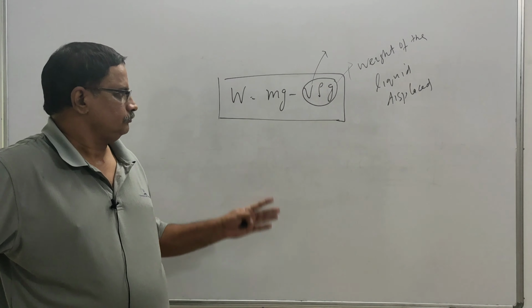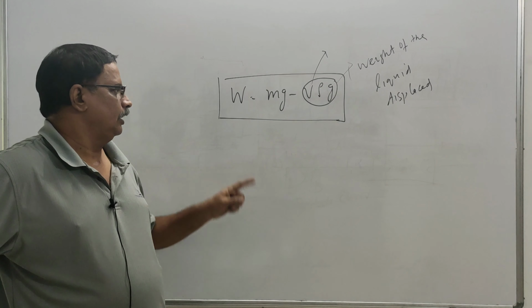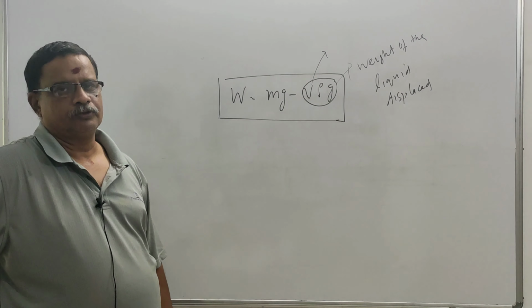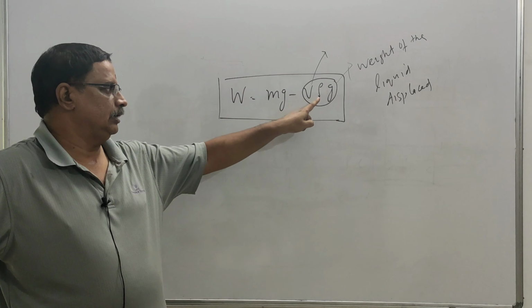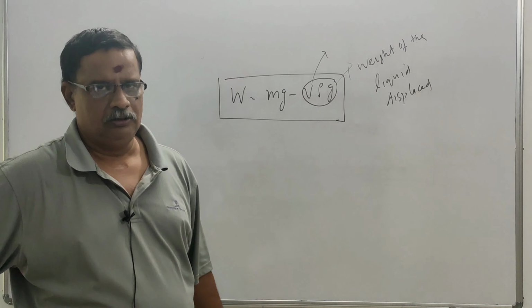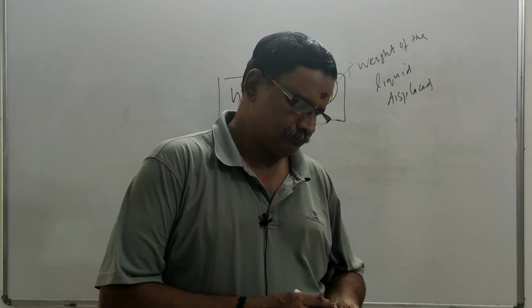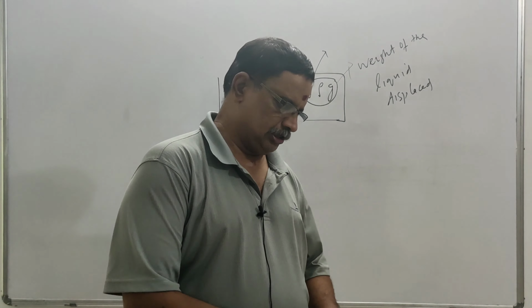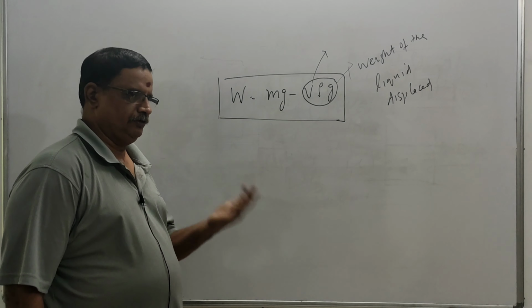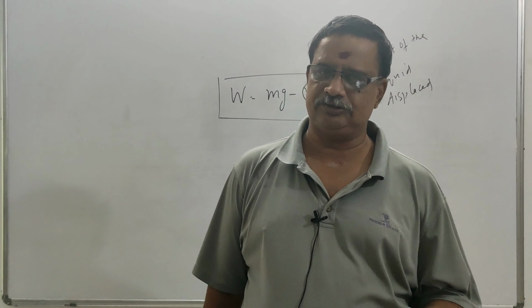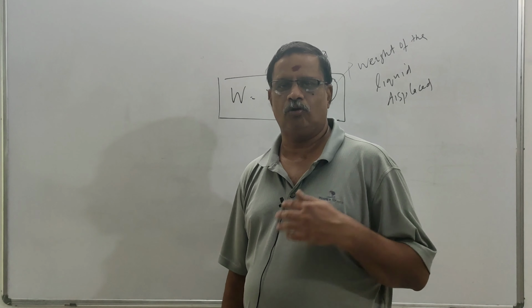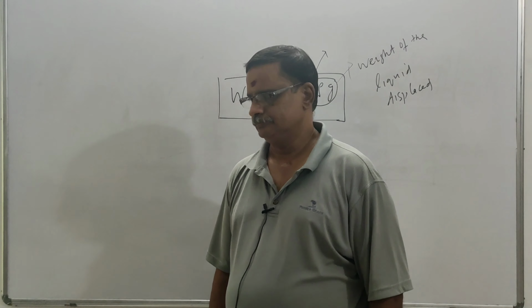So this is called the apparent weight, and this is the true weight. This is the weight of the body in air, this is the apparent weight. Even if you say that this is the weight of the body in air, that itself is wrong, because Archimedes himself has said that even in air the bodies have loss of weight.